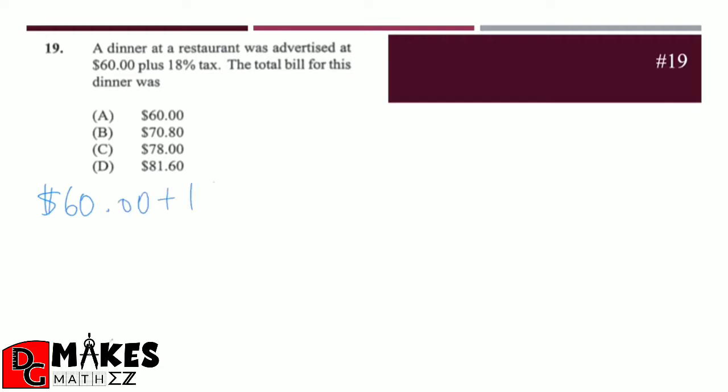Plus, we're looking at the 18% tax. So our tax, if we calculate that, is going to be 18% of $60. All right, and we can go ahead and start to simplify.